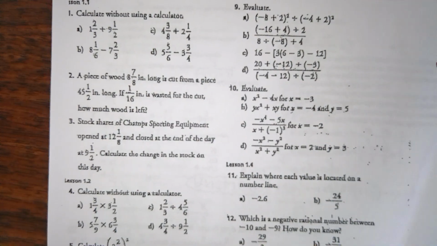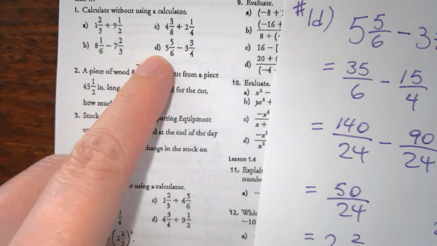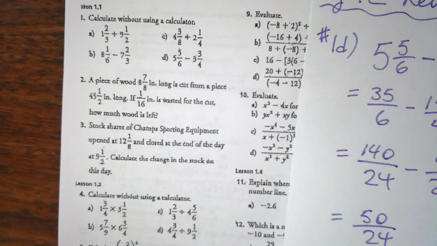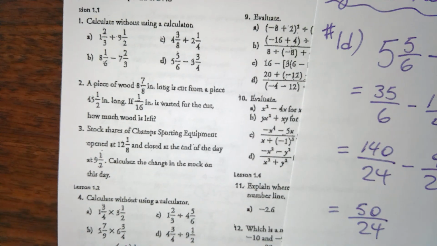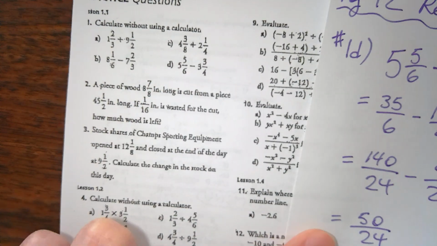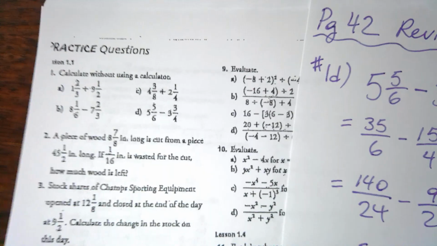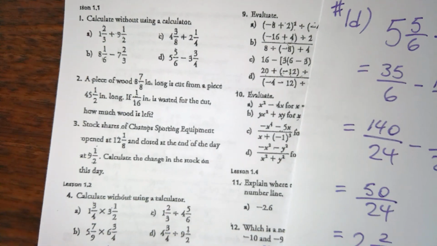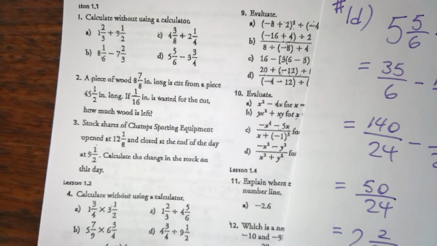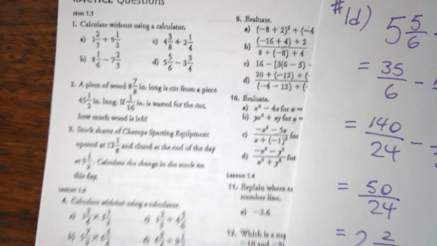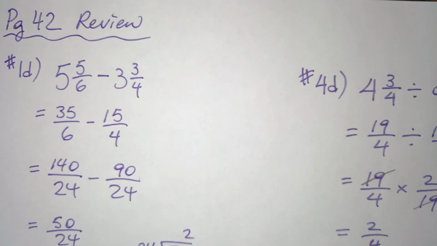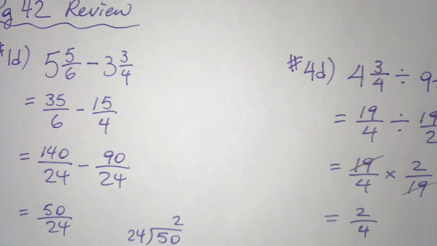If you did, good for you. I just want to go over some of these, like an example of each of these really quickly. I did 7 questions in 10 minutes. So I think for you guys, even if you take 20 minutes, that's good. All right. So I just pick and choose some to go over on page 42.